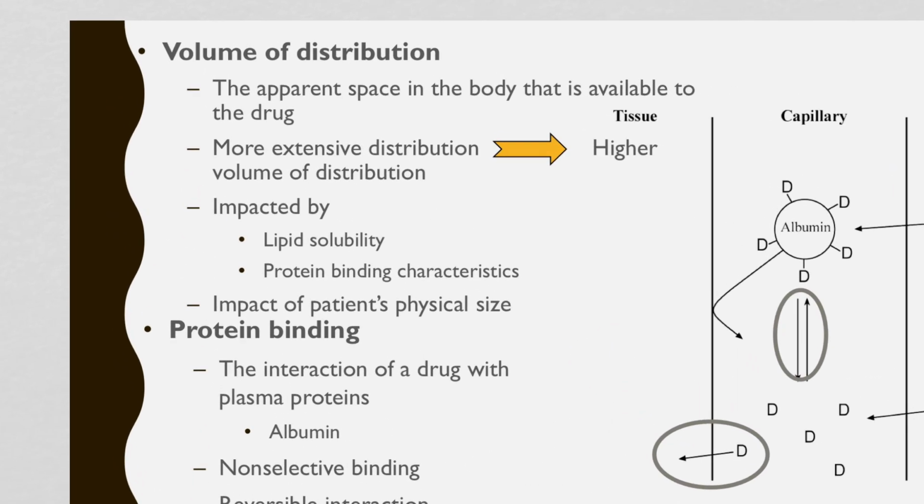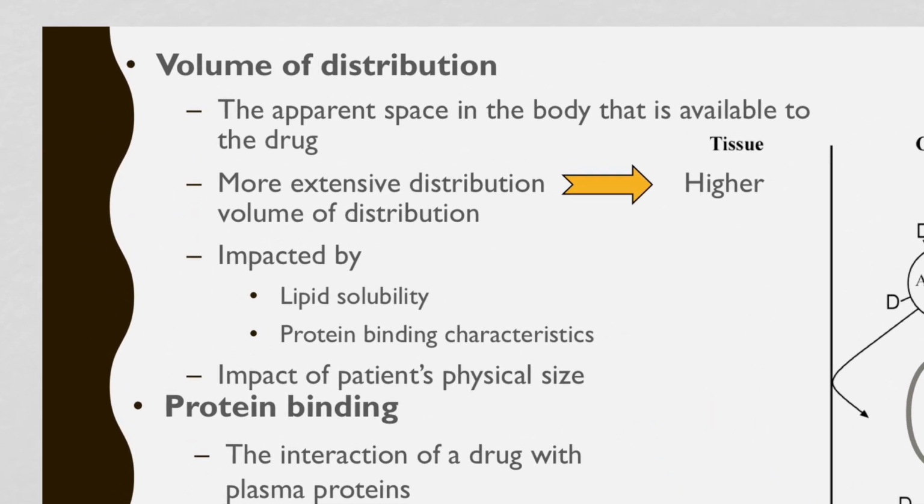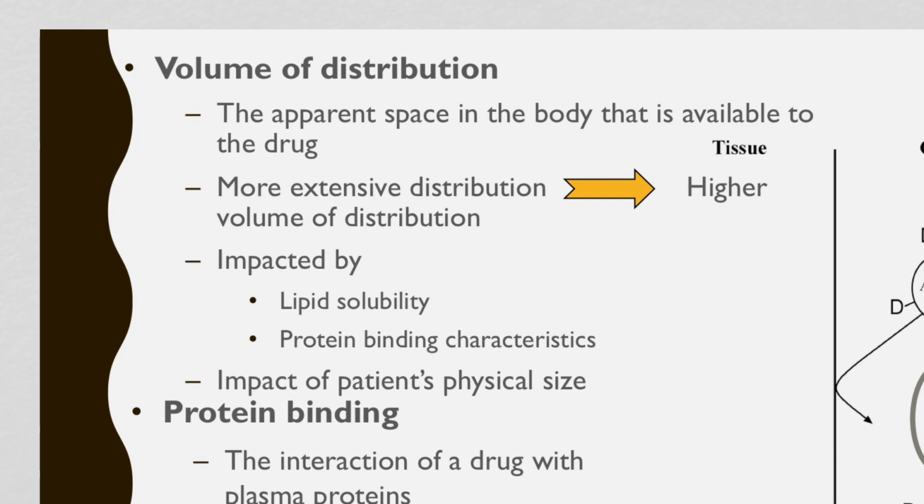So I'm going to start with volume of distribution first, and then we'll dive deeper into protein binding a little bit. First and foremost, when we think about distribution, we have to think about the volume of distribution, which is basically the space in the body that is available to the drug, right? So how much of the space in our patient's body is available to that drug.